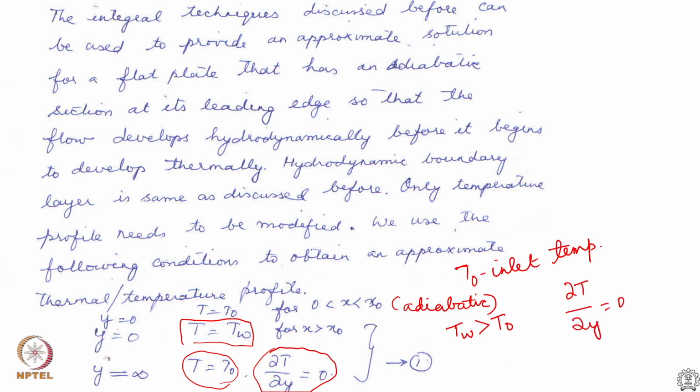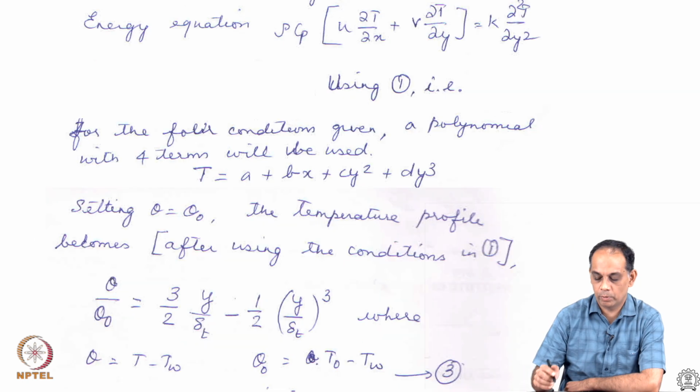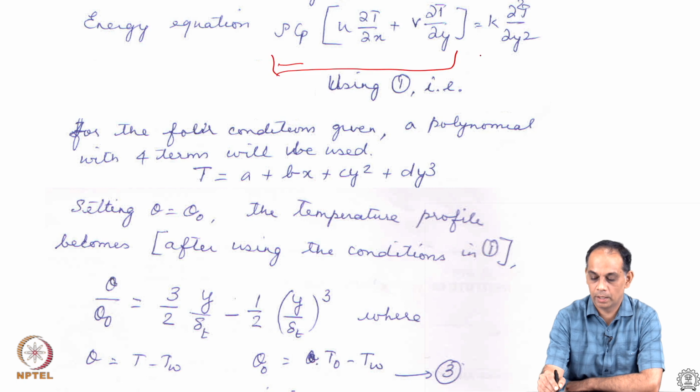So, this is sufficient. Once this is specified, you can also specify d square T by dy square equal to 0 and so on. This we call equation number 1, and the energy equation is the typical energy equation that we encounter. This is the advective part of the equation, and this is the diffusive or the conduction part of it.